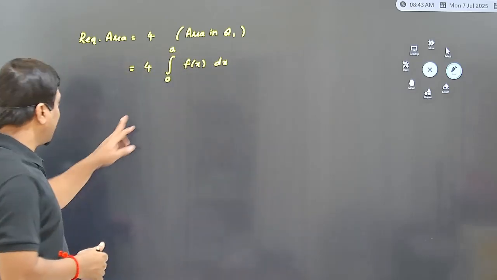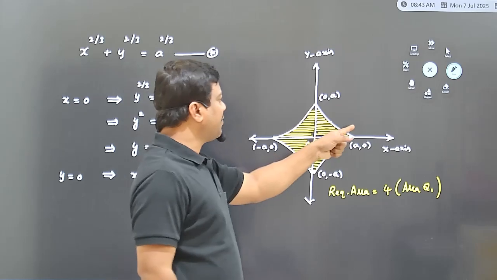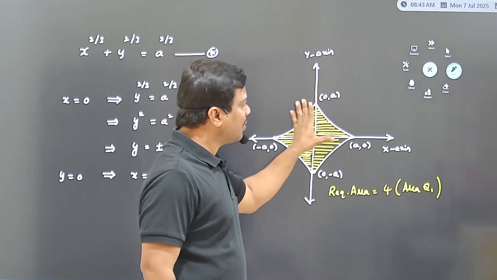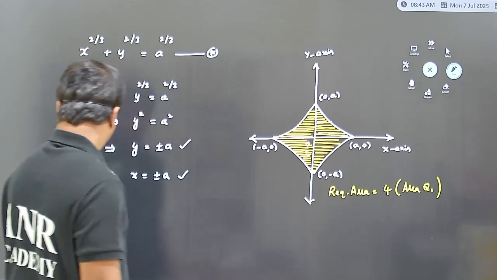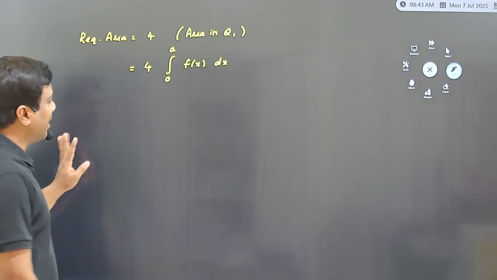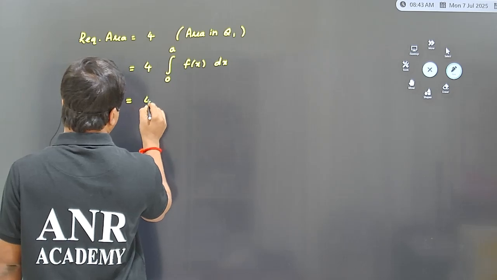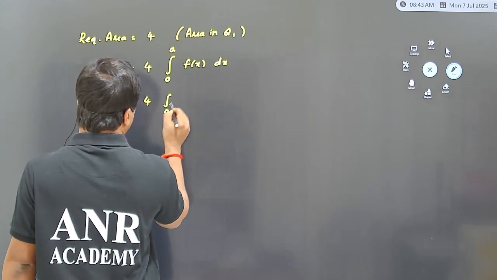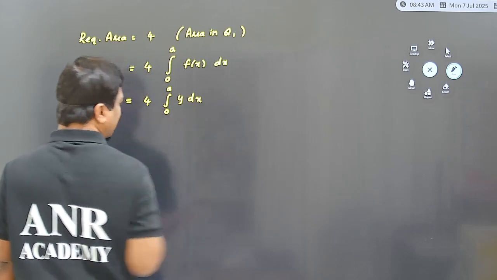The same here: the integral from 0 to a of f(x) dx indicates the area under the function f(x) from 0 to a. This portion, the first quadrant shaded portion, you will get. Multiplying with 4, we get the entire area. f(x) is nothing but clearly y. So I can write here the integral from 0 to a of y dx.